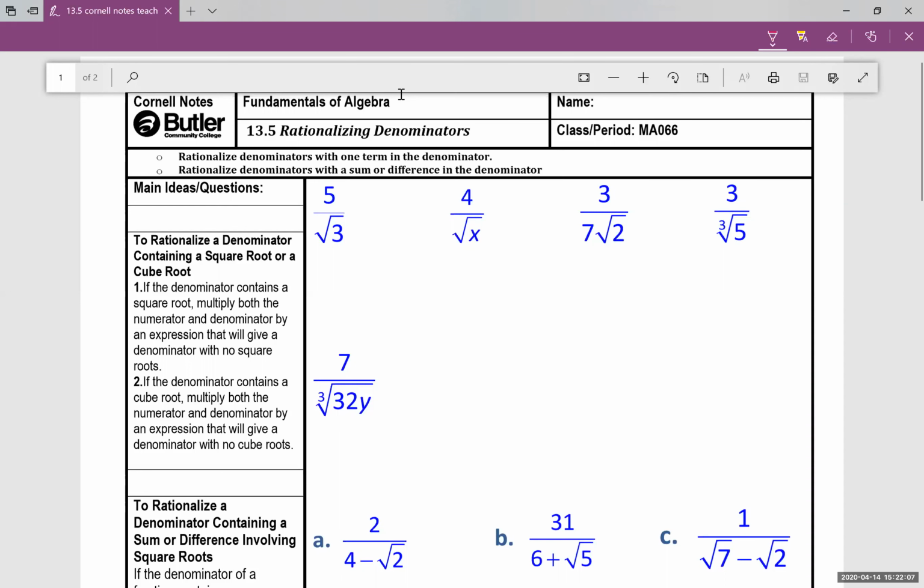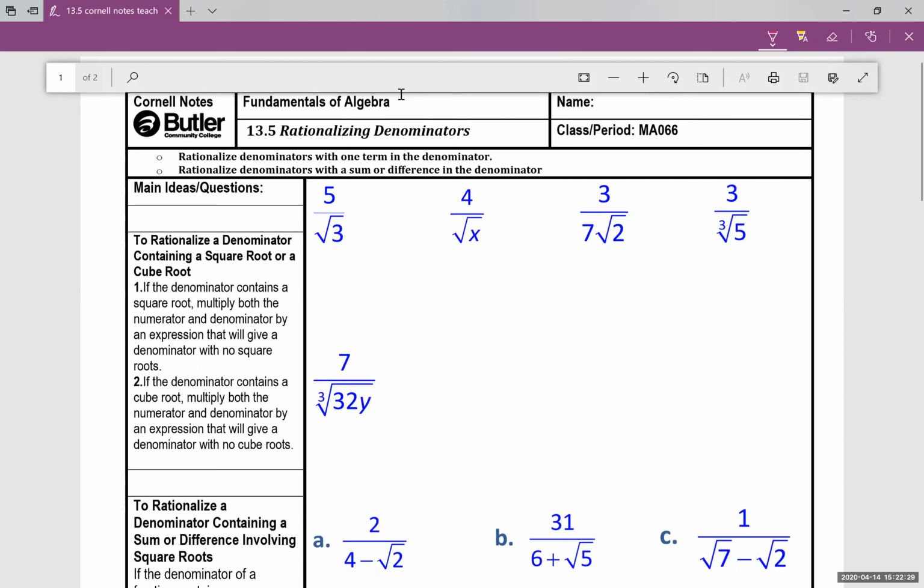And there's a rule that says you cannot have a radical sign or a radical expression in the denominator. So I'm going to show you some ways on how to rationalize the denominator. In other words, let's get the radical expression out of the denominator.